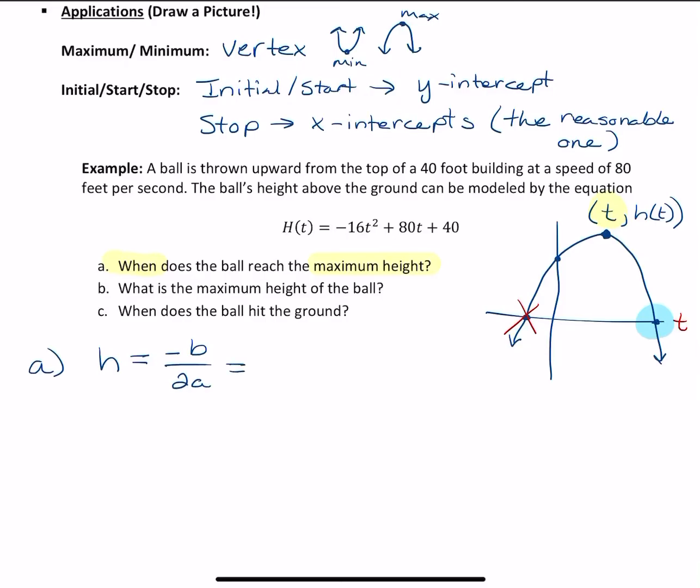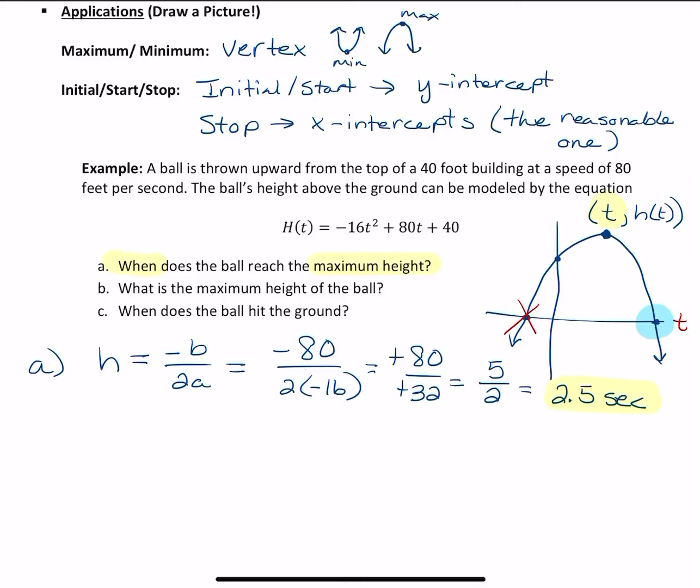So that's going to be negative 80 over 2 times negative 16, which is negative 80 over negative 32. Negative over negative makes a positive, and then 80 over 32 will reduce to 5 over 2, or 2.5 seconds. So it reaches its maximum height at 2.5 seconds.